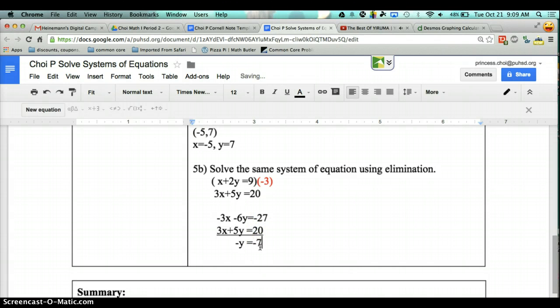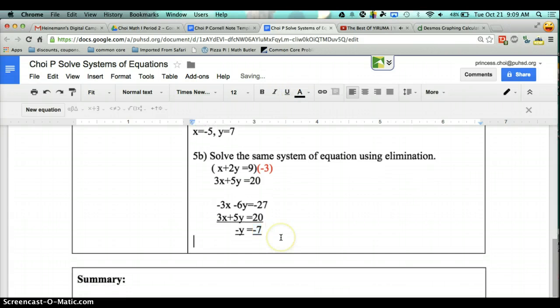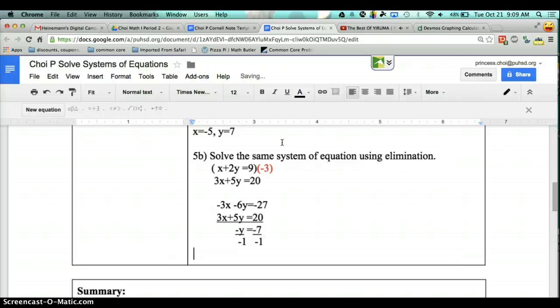Now we cannot have -y, can we? So we're going to divide both sides by what? By -1. So we're going to divide both by -1. And that tells me that the y is going to be what?